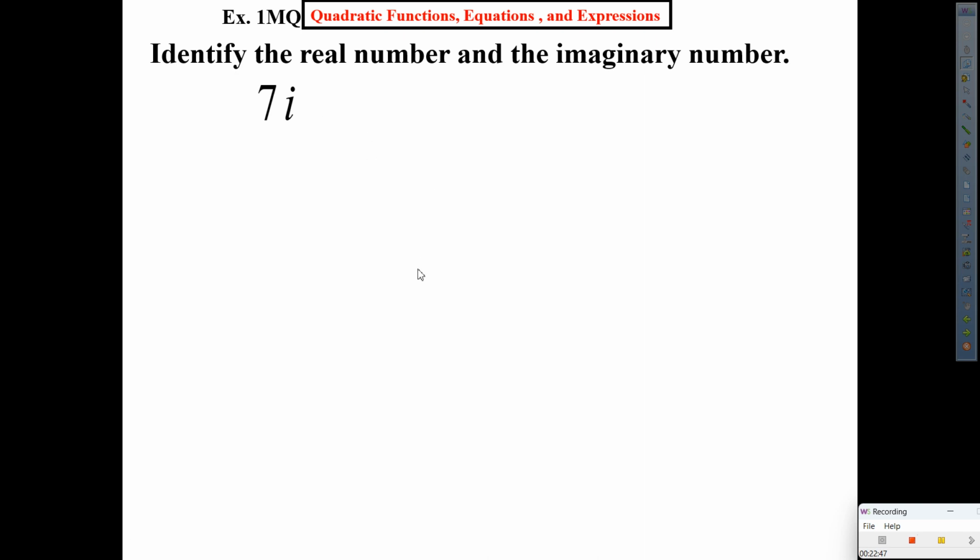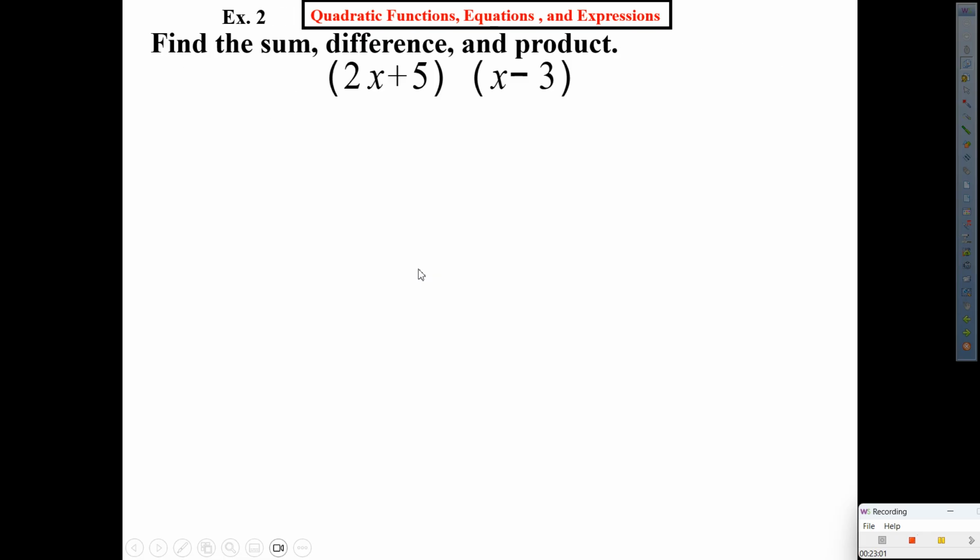All right, write this down, please. Example 2. Find the sum, difference, and product of 2x plus 5 and x minus 3. Now, did I give you plenty of practice on the warm-ups?